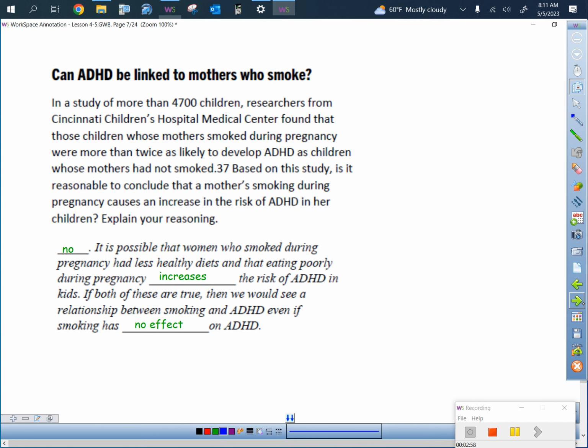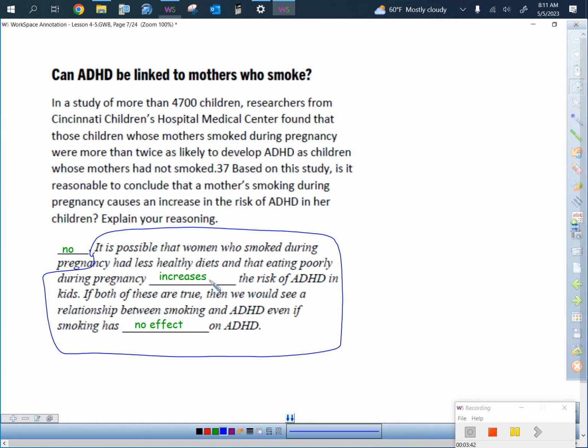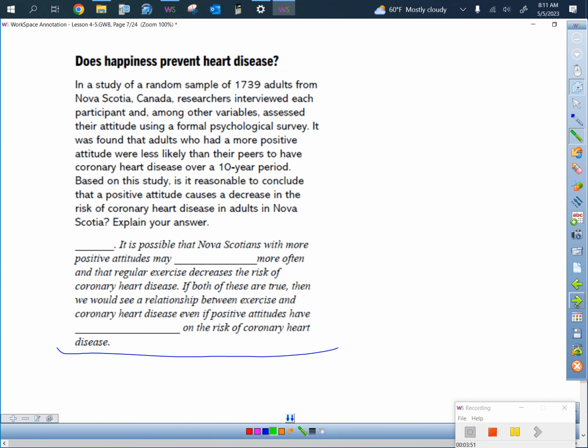If both of these are true, then we would see a relationship between smoking and ADHD, even if smoking has no effect on ADHD. This is just like how homework will be. They'll have the drop-downs that we're used to. They make up a situation with a confounding variable, and you fill in the blank with increases or decreases. But they just made up a whole different confounding variable: what if those other people didn't eat as well? That could have happened. So let's see another one.